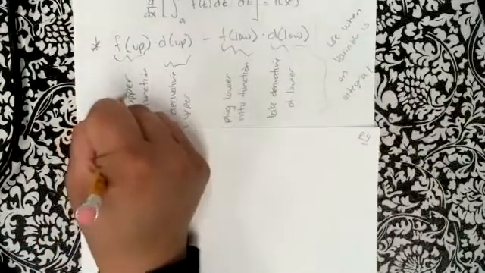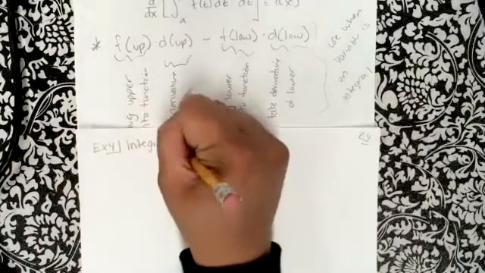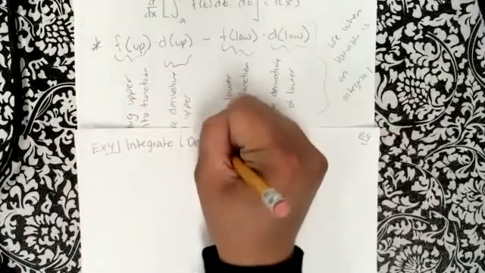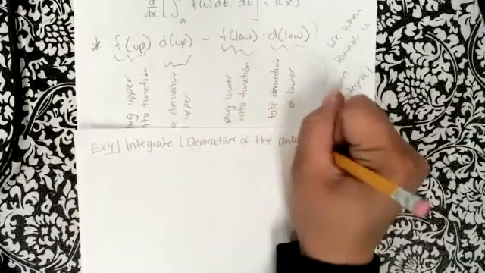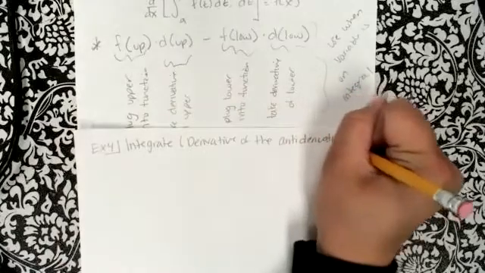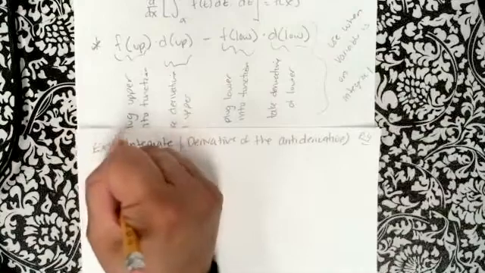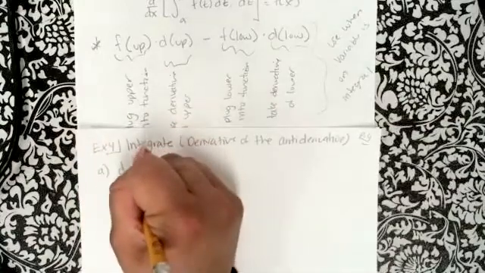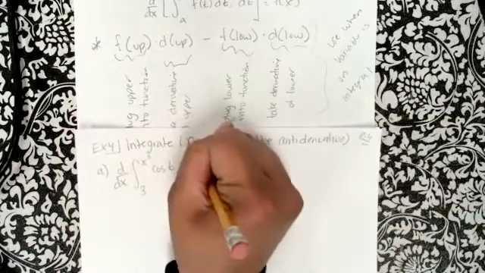So last example, we are basically taking the derivative of the antiderivative. So we have d dx of the integral from 3 to x cubed of cosine t dt.